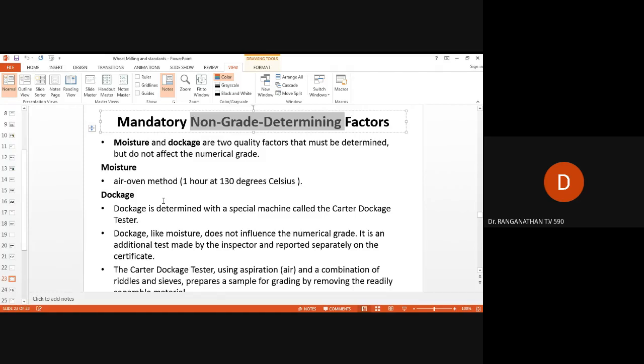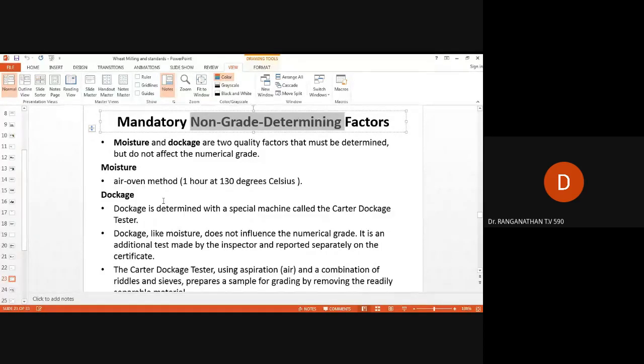So when I keep it at 105 degrees centigrade for 4 to 5 hours, obviously you have the Maillard reaction and caramelization reaction taking place. To avoid it, we go for what is called the high temperature short time procedure. So I keep it at 130 degrees centigrade for 2 hours.